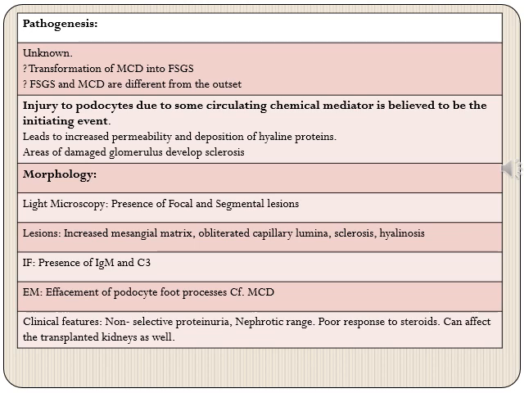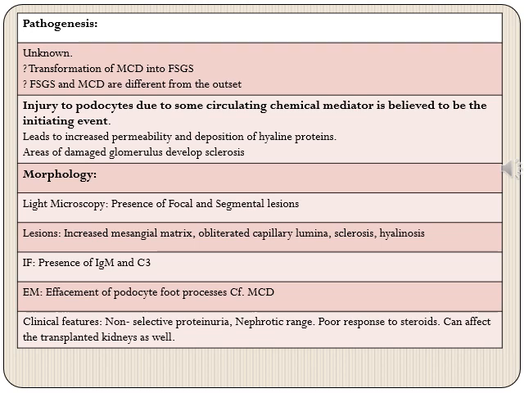Now this needs to be differentiated from minimal change disease, where again we had effacement of podocytes. But minimal change disease has normal morphology on light microscopy, and there is no presence of any kind of deposits on immunofluorescence or electron microscopy, whereas FSGS has its characteristic focal segmental lesions and presence of IgM and C3 deposits.